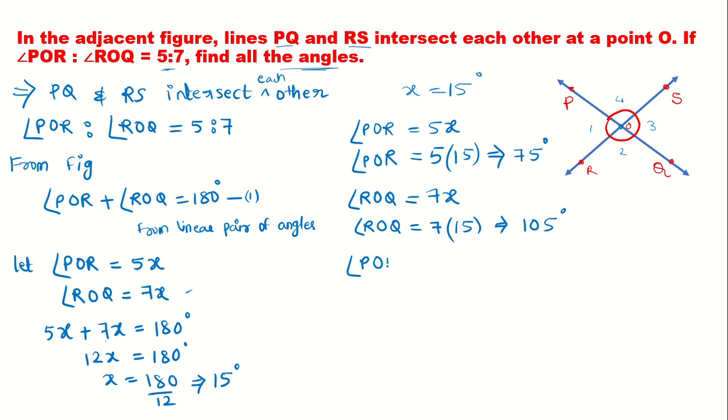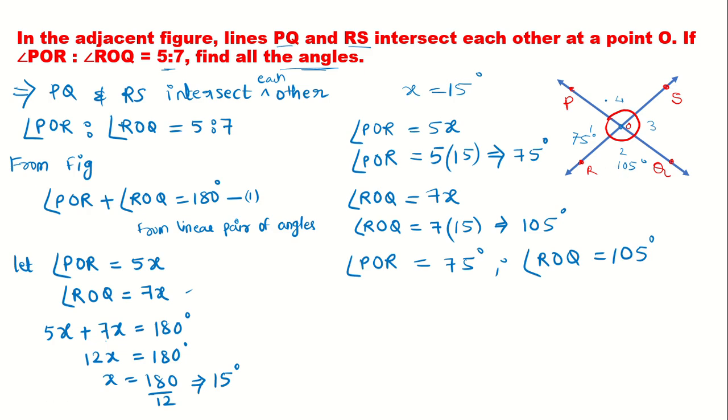So, angle POR is 75 degrees and angle ROQ equals 105 degrees. Now, we have found angle 1 as 75 degrees and angle 2 as 105 degrees.